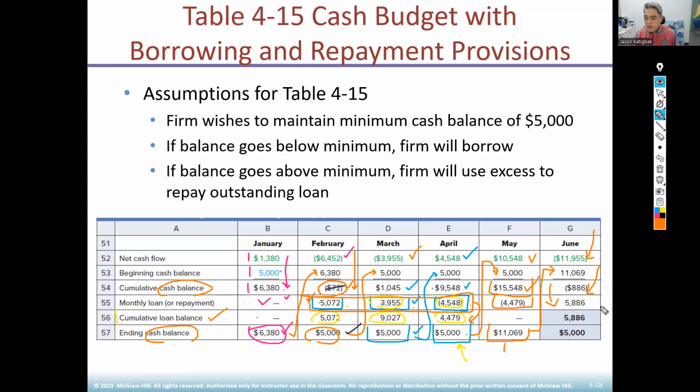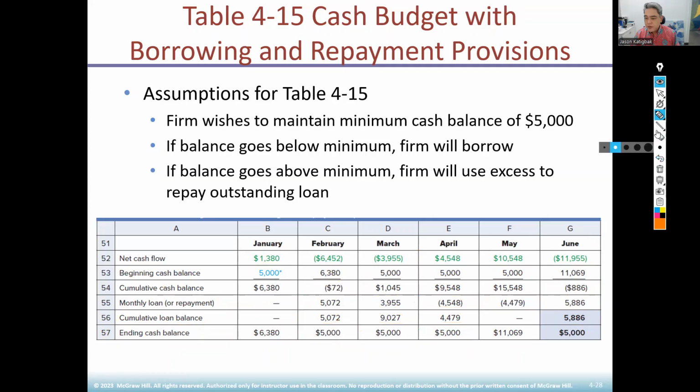So this is 5,886. That's your new loan. So basically, this will be your cash balance. So if somebody asks you, what's the cash balance as of June 30, 2022? It's basically 5,000 because you would always have 5,000. But as you go through each month, you actually have a different cash forecast.